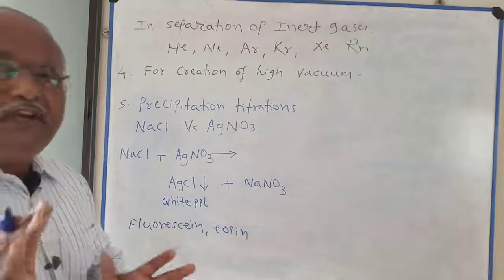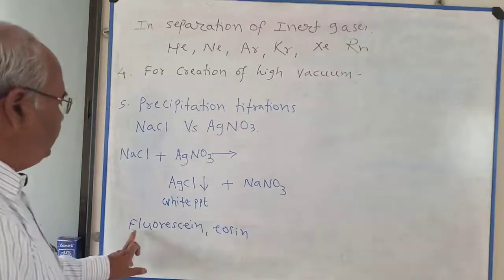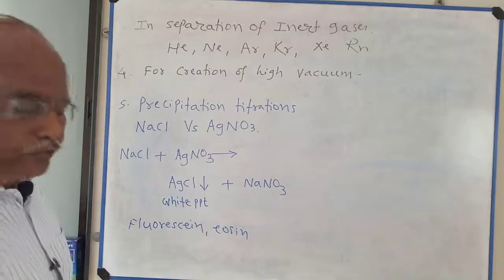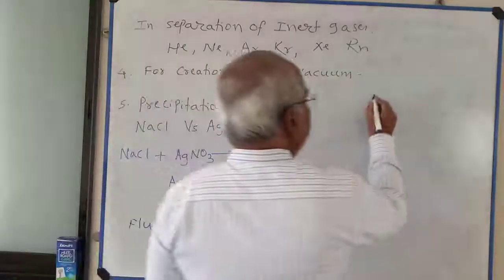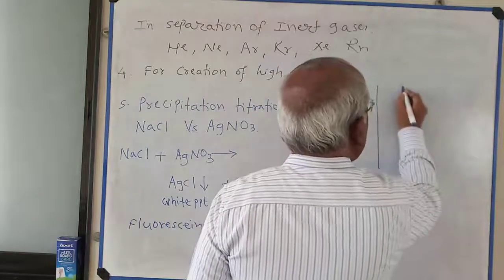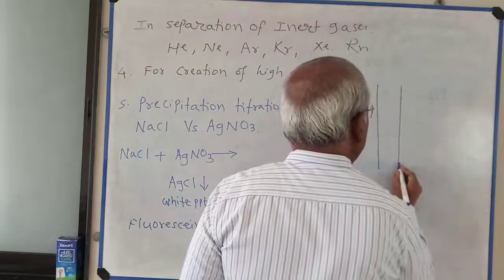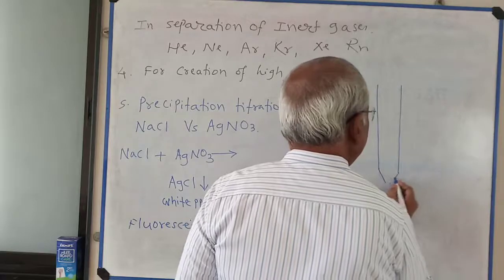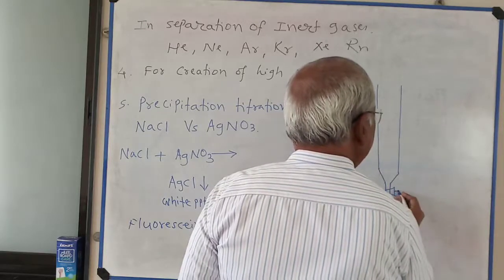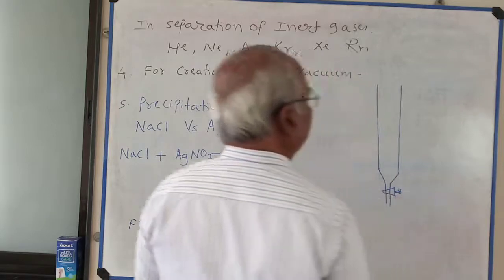In precipitation titrations, indicators like fluorescein or eosine are used. So here I represent burette. This is burette. This is stopcock.